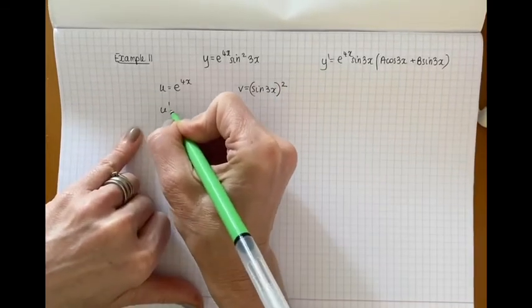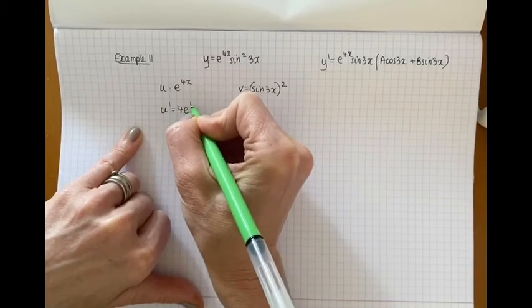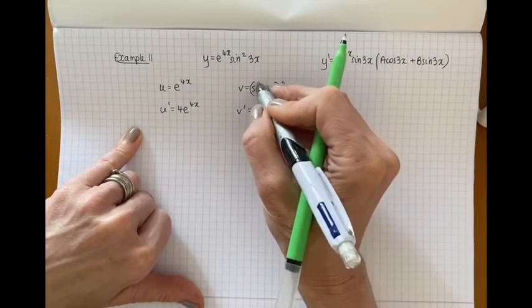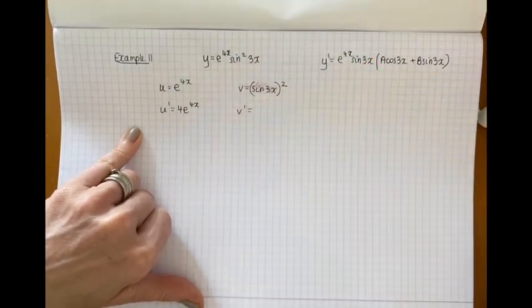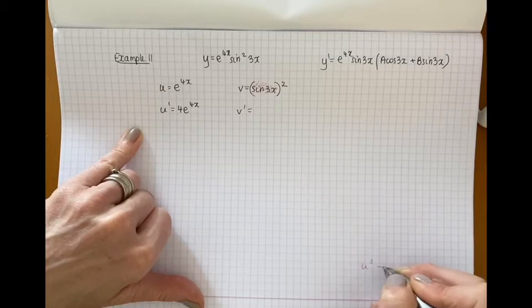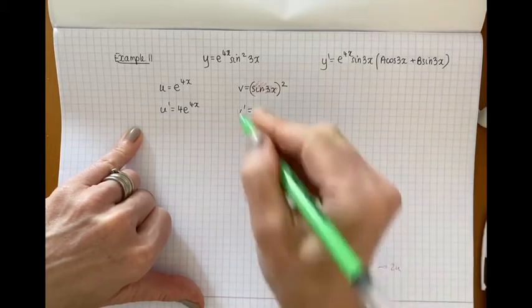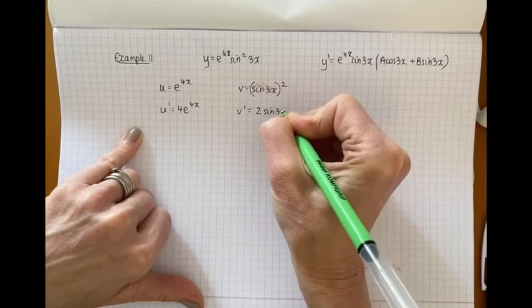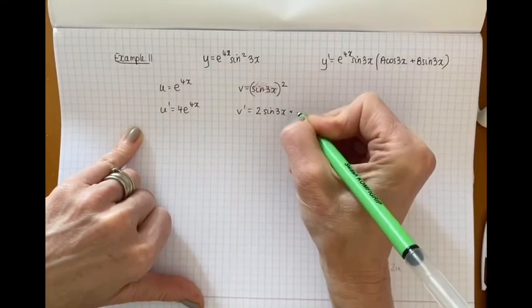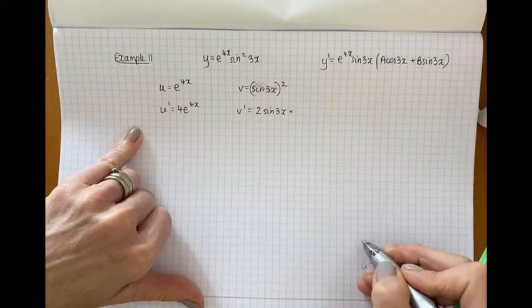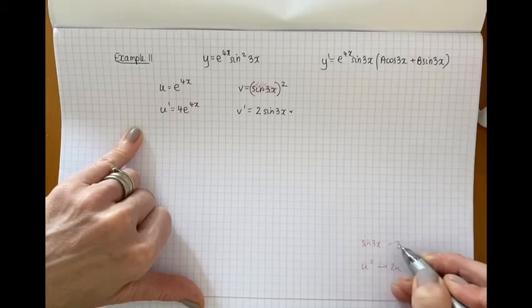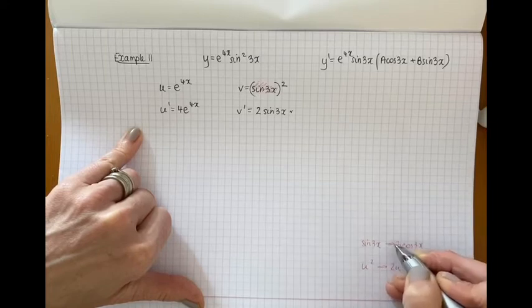Okay, u dash is going to be 4e to the power 4x, and v dash, so here we've got the inside function to the power of 2, so if I know that u squared goes to 2u, this one will go to 2 lots of sine 3x, and then followed by this differentiated, so sine 3x, sine goes to cos, but it's times by 3 because it's 3x, so 3 cos 3x, there you go.